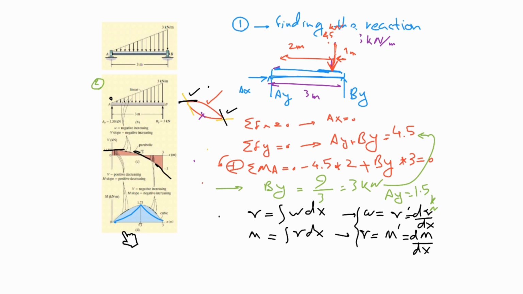V is M prime, meaning that we have a positive value for V, and we have a positive value which is the slope of this, and we have 0 here which is the slope of this.